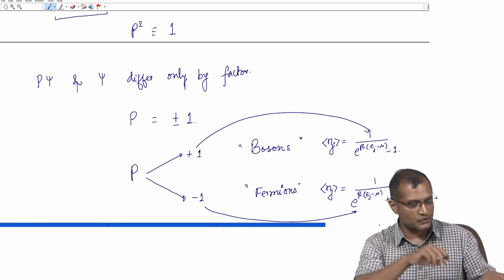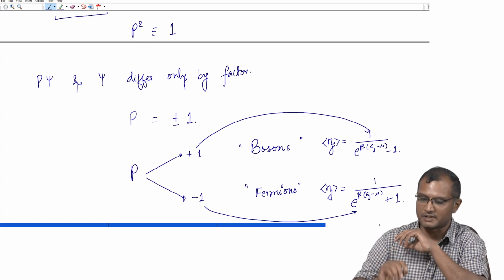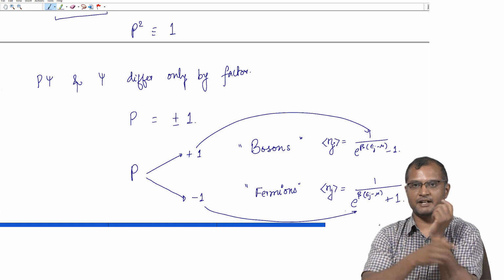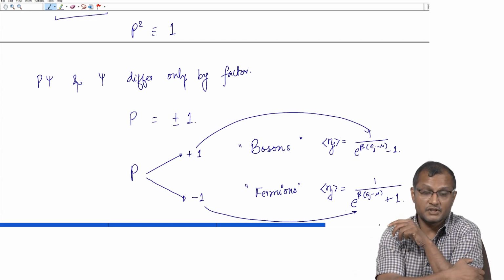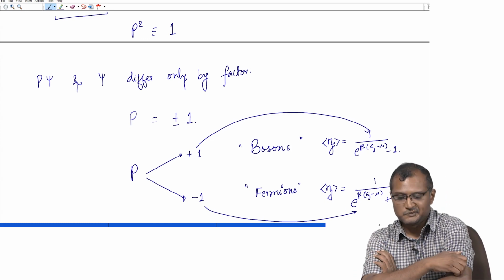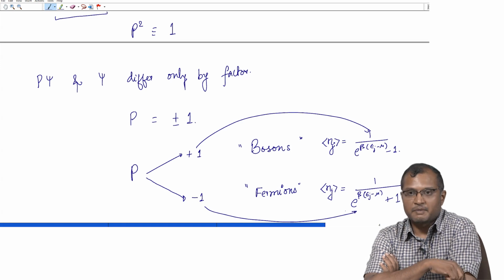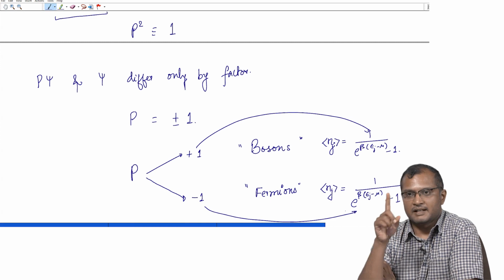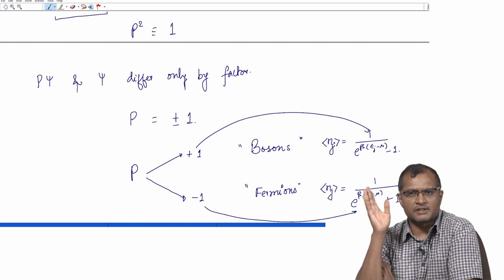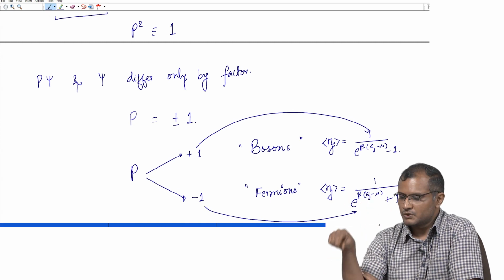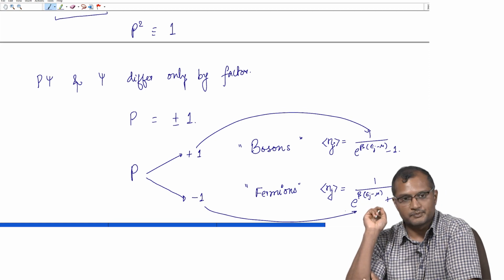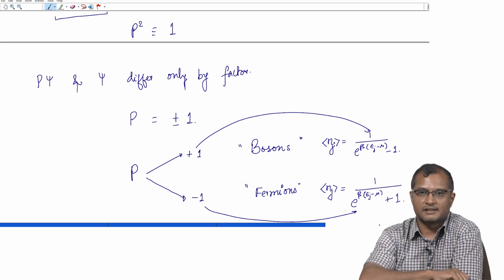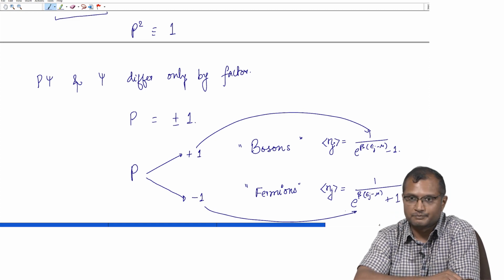You can call bosons and fermions either way, I do not care, but the guys that commute with the parity operator, the wave function of the guys which commute with the parity operator and for which the parity operator has an eigenvalue plus 1, I will call them bosons for historical reasons, and they will be shown to have statistics which go like this, and the other guys will have statistics written below.